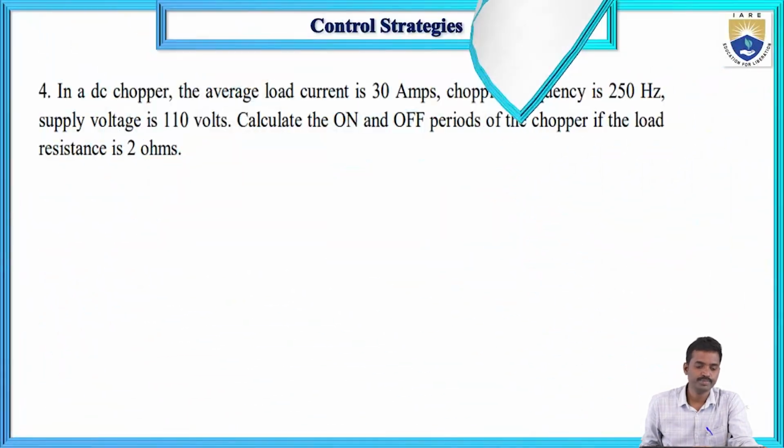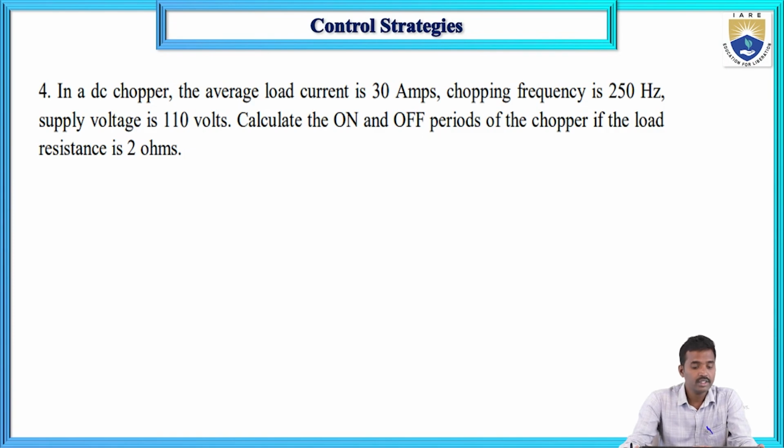Next, fourth problem. In the DC chopper, the average load current is 30 amperes, the chopping frequency is 250 hertz and the supply voltage is 110 volts. Find the T on and T off periods.